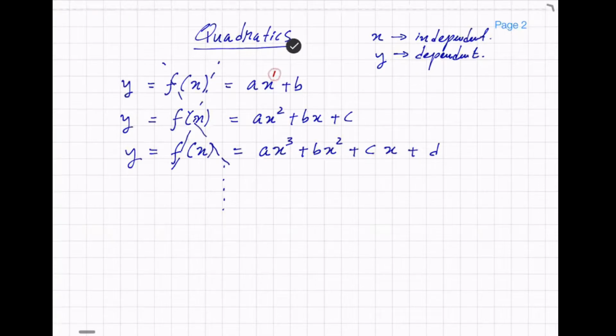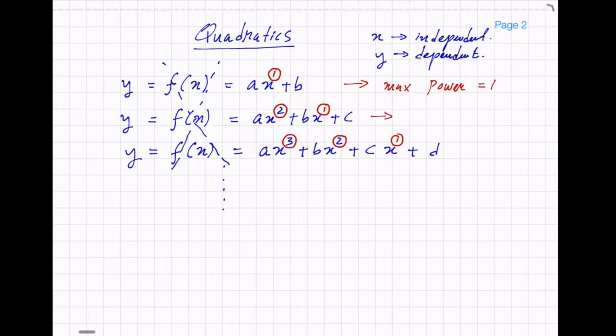You can see the maximum power is 2 here, then there is a power 1. Here you have 3, here you have 2, here you have 1. So this is called the power, or the exponent. The maximum power here would be 1.